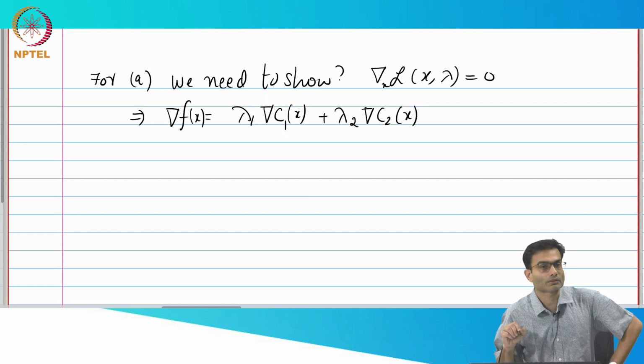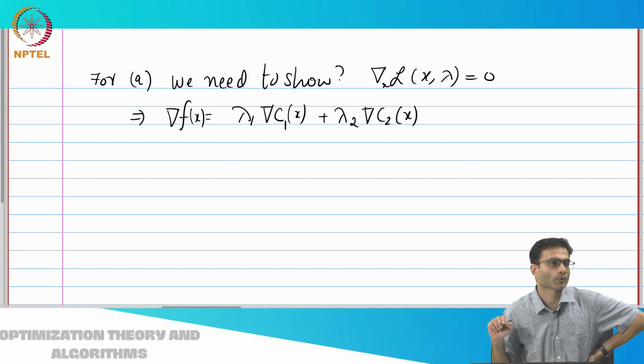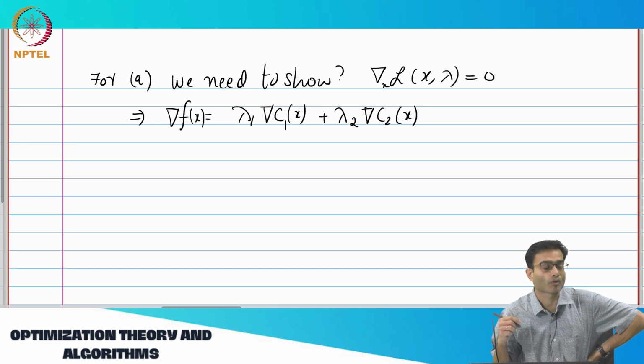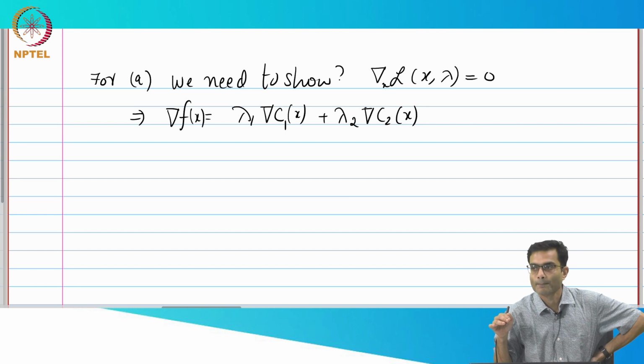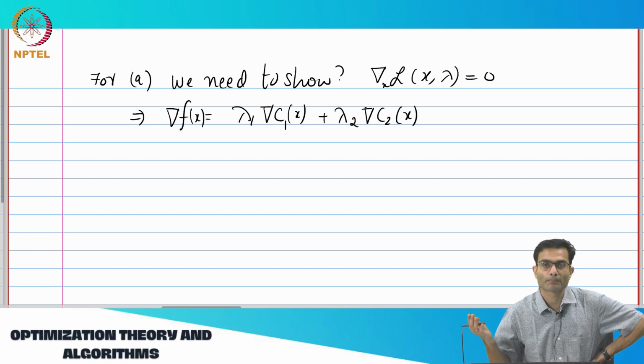Any other conditions that the KKT conditions tell us must hold true? Look at your A, B, C, D, E. Is there anything else that the KKT theorem tells us? Lambda should be greater than or equal to 0 because this is an inequality constraint.